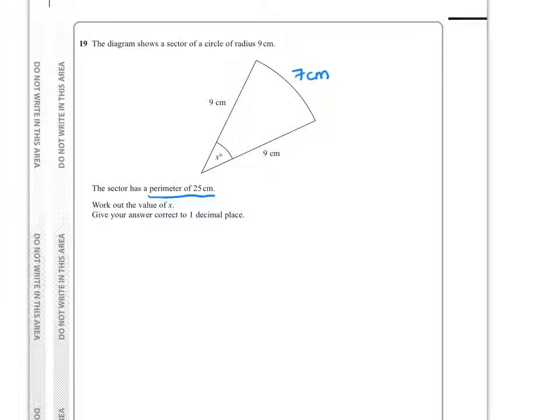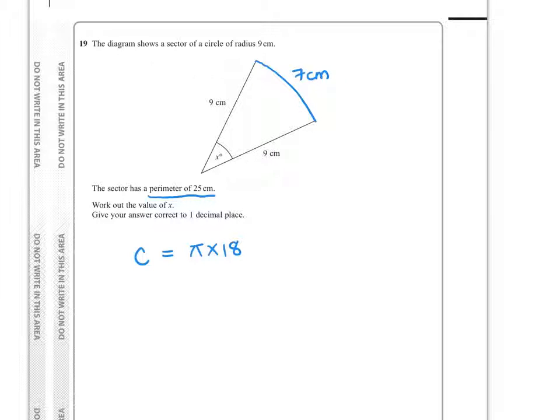So we've got to give our answer correct to 1 decimal place. Well, if we knew the whole way round, then that would be pi times the diameter. So the circumference would be pi times the diameter, which is 18 in this case. But we only have 7 centimetres for this part, this minor arc here.